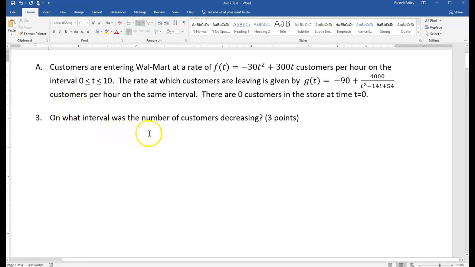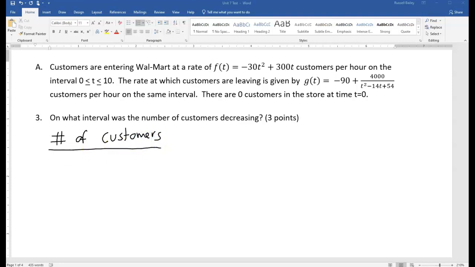On what time interval is the number of customers decreasing? All right, well, how do we know what the number of customers is at any given time? Well, we answered that in number 1, so actually here, Precious, if you want to see the answer to number 1, I don't know if this was your version of the test, so if it's not, I don't know how helpful this will be.